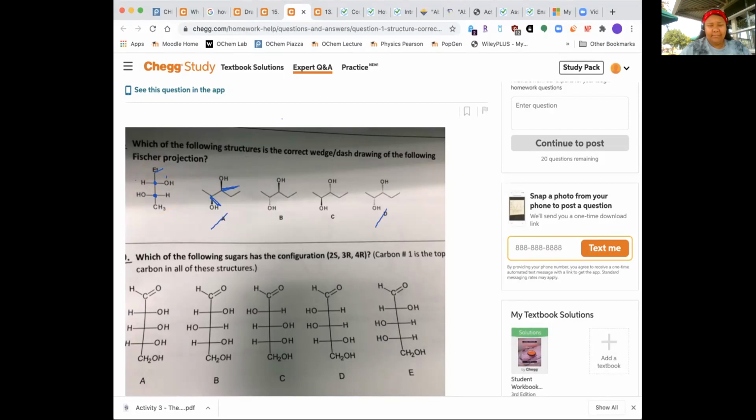I see something about R, and yeah, I see R versus S. All right, I'm gonna look at the answer and see if we can maybe reverse engineer it.